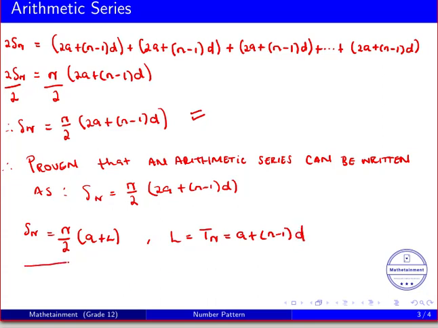You only use this if the last term is given. So you can be required to solve this arithmetic series in this format or in that format. If you are required to solve an arithmetic series in this format, that's where you have to indicate that you know that your l is equal to your last term.